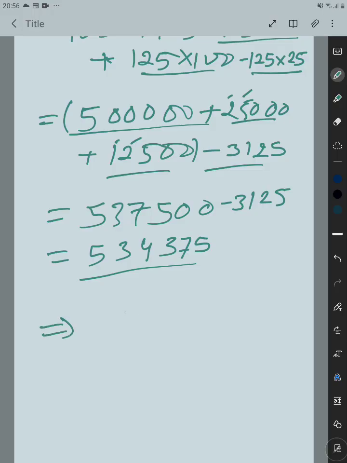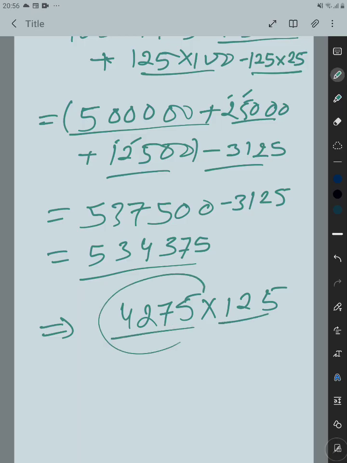It may not be possible, but we will try to understand the concept itself. So this is the original question. Instead of expanding this one, we can expand this one, and solve it in a quicker way.